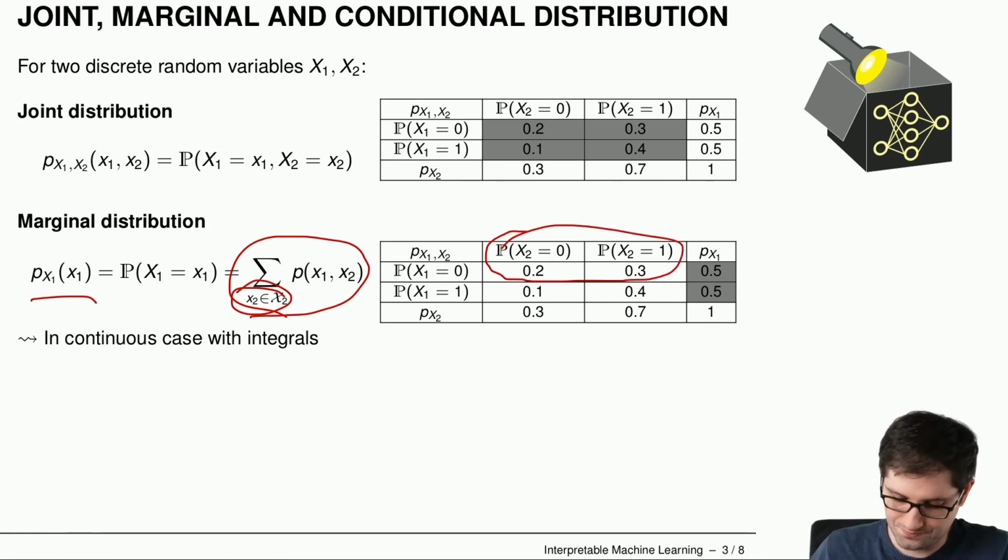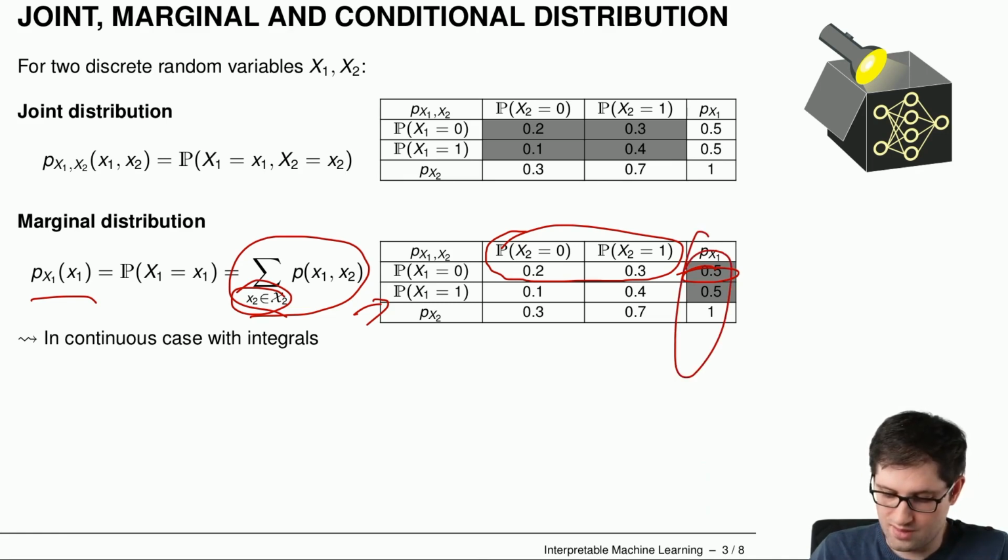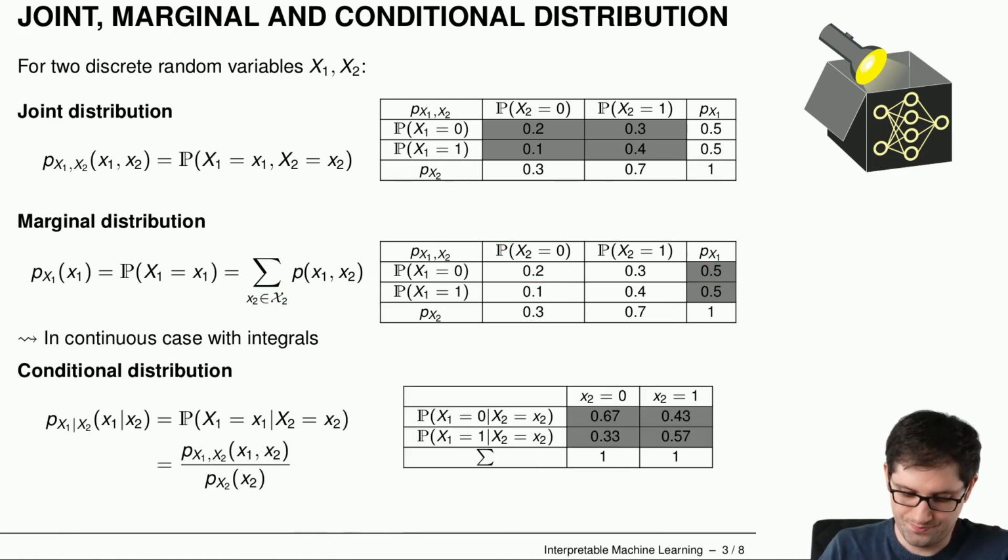So in this example, we would use the sum of 0.2 and 0.3. And we do this for each possible value of the x1 variable and have the values of the marginal distribution of x1. In a continuous case, we would use, instead of the sums, the integral, which is the equivalent counterpart.